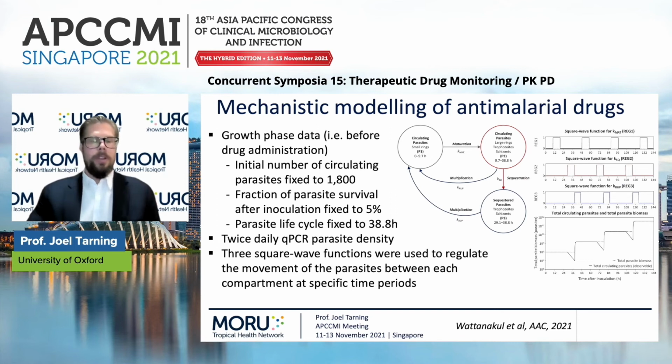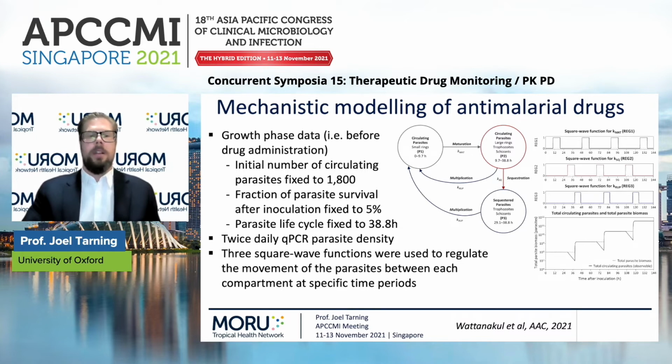So we used the growth phase data, so that was before drug administration, and we assumed an initial number of circulating parasites, which was the same as the inoculation, 1,800. We also know from previous literature that the fraction of parasite survivors after inoculation is quite low, and we fixed that to 5% based on previous data.